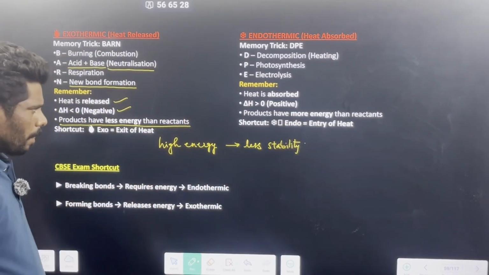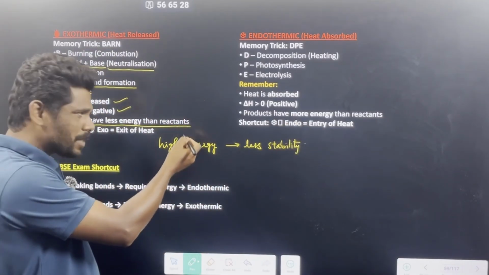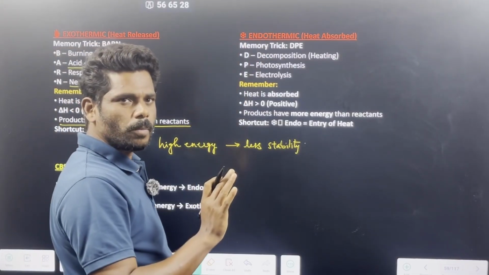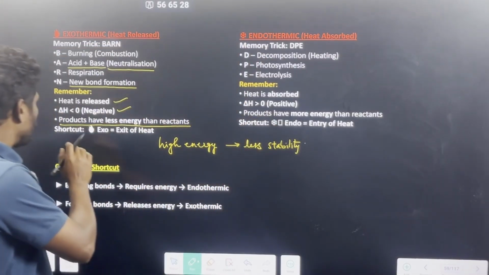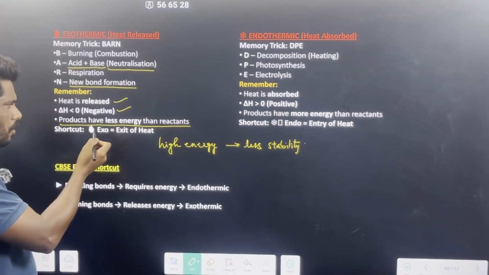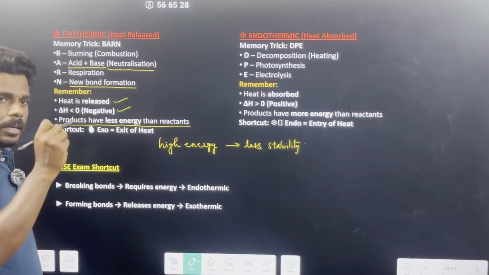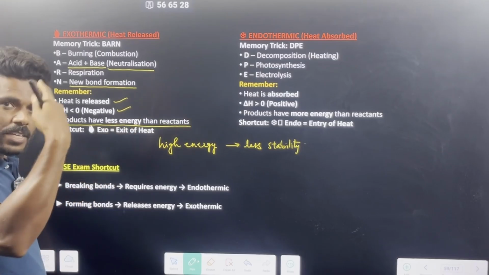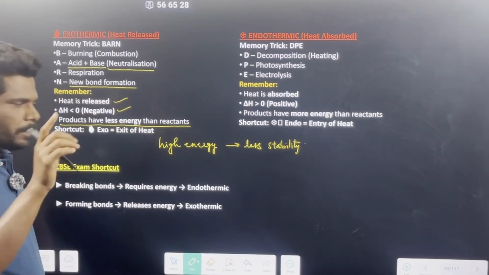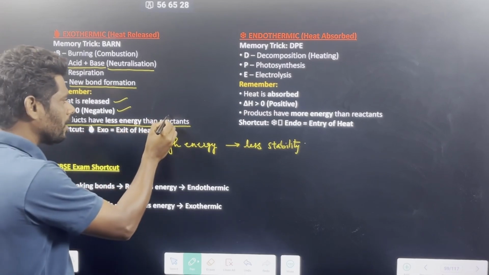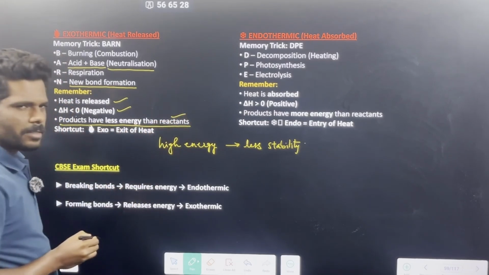Vice versa, if the energy with the substances is low, their stability will be more. So when a reaction is happening, for example, reactants to products, if heat is generated, if energy is released, that means the energy of the products must be less than the energy of the reactants.